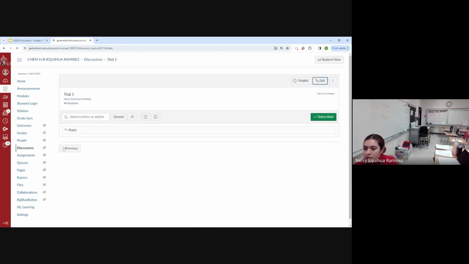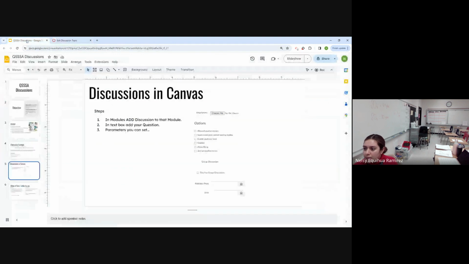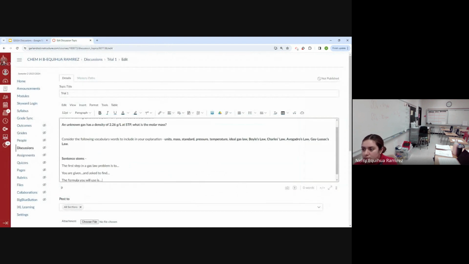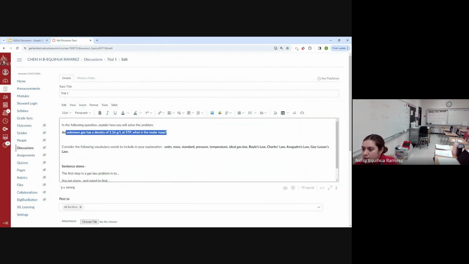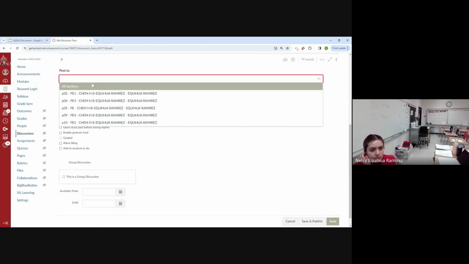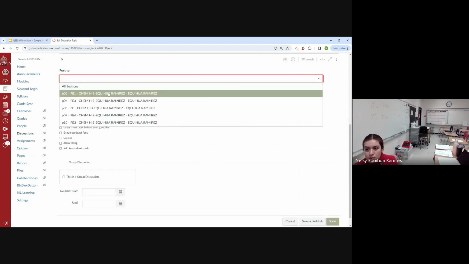So we're going to go here. This is where I got this question. I copied it and pasted it here. I did want this centered, so I went ahead and put it there. Everything else was pretty much the same. Now, when I do this, I can post to different sections. I typically assign it to a section once they see me and publish it that way.